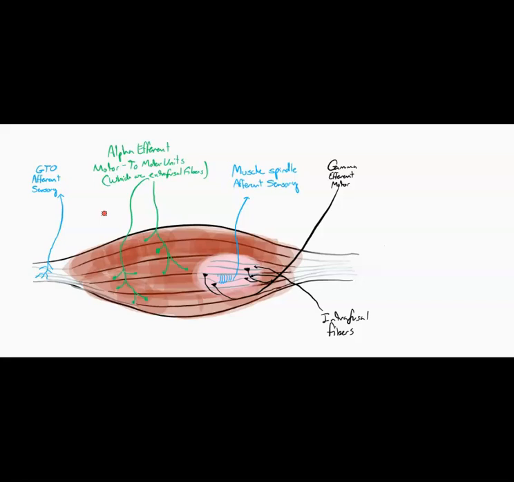So as you contract really hard with your protagonist, the antagonist will relax, which overrides your Golgi tendon organ that is preventing the overstretching of that muscle.